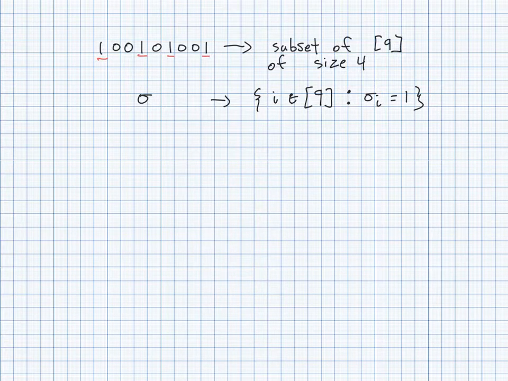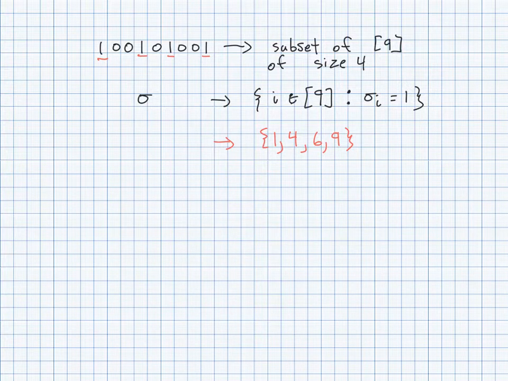They occur in this particular example in positions 1, 2, 3, 4, 6, and 9. And so we're replacing a bit string with just the set of locations where the ones occur, and the size of this subset is the number of ones that appear in the bit string, and it is a subset of the numbers up to the length of the bit string.